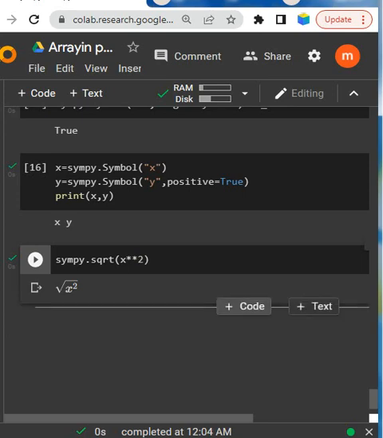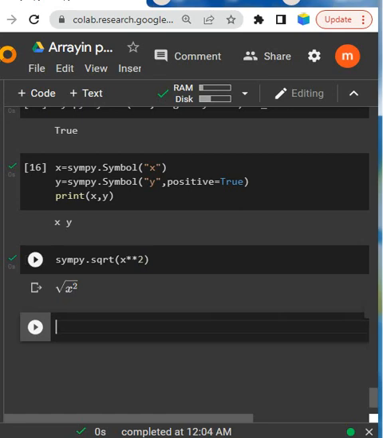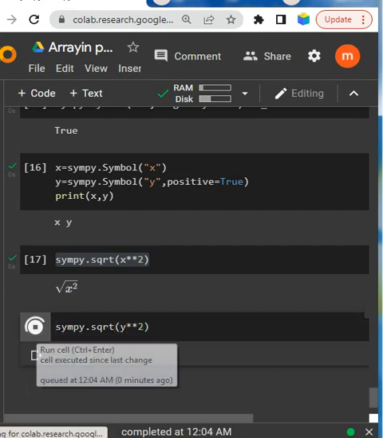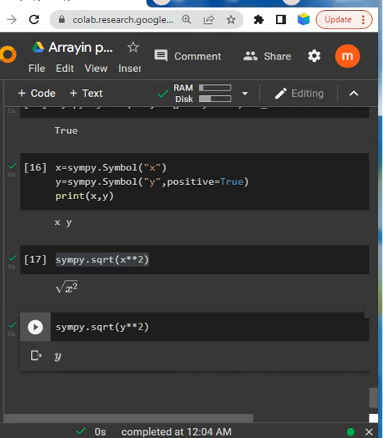Similarly we can also print sympy.sqrt of y squared. You can write any other variable, but because I have already taken y as a variable, we can easily create here y, sqrt and double star 2.